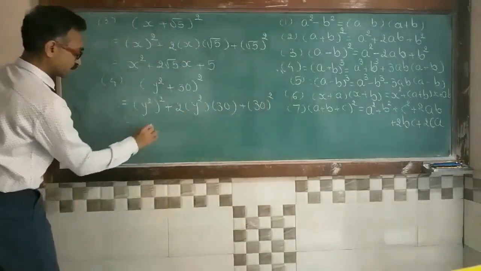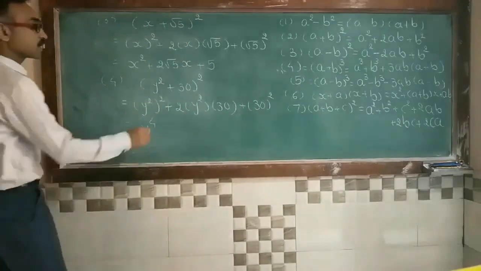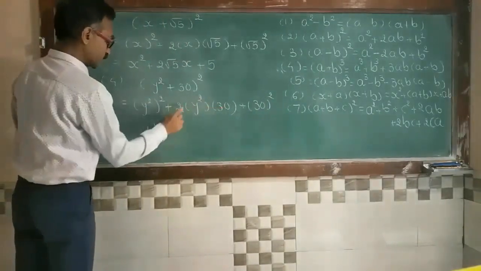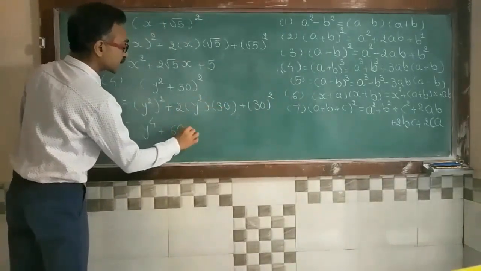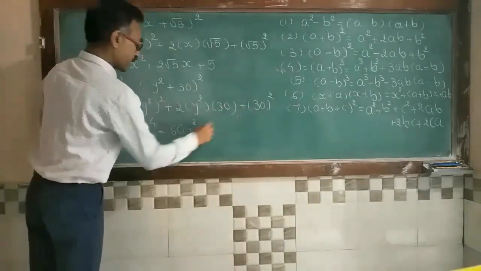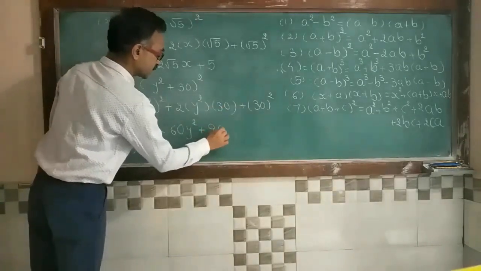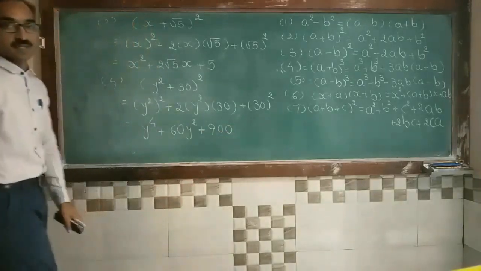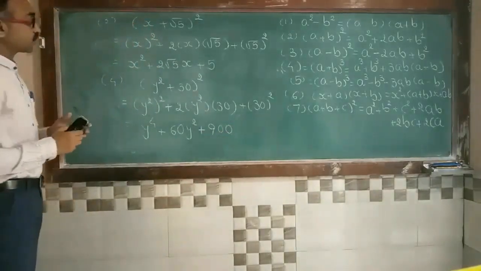So the answer is y raised to 4 plus 60 y square plus square of 30 is 900. So this is your second formula.